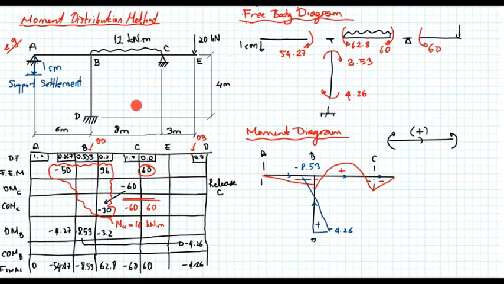We calculate the fixed end moment due to 12 kilonewton meters. And the only difference of this problem from the previous ones is at point B, I have 3 members.